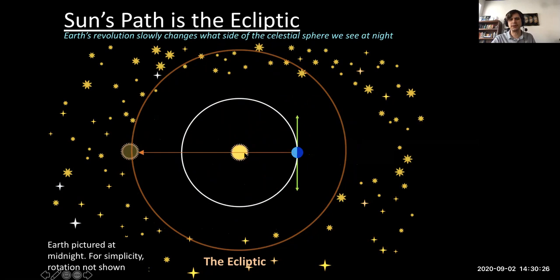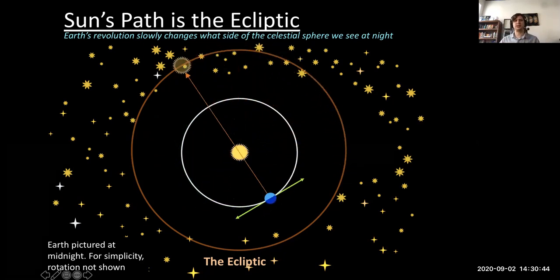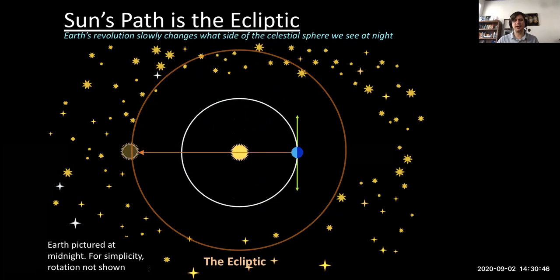So this would be marking where the sun is at noon, what stars it's hanging out with. As the Earth is making its journey around the sun, and the sun appears to hang out with different stars, we could ask ourselves, hey, what constellation is the sun in at this time of the year?